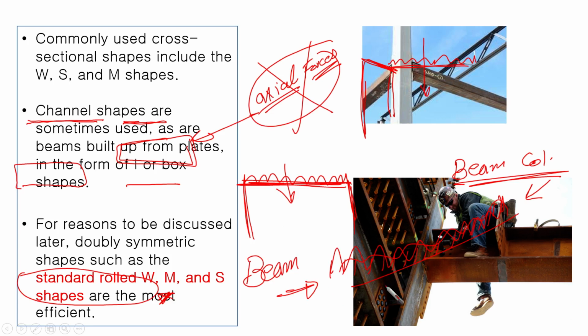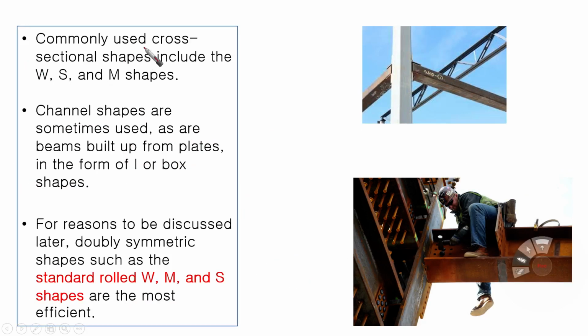The commonly used cross-sectional shapes for beams include wide flange, standard I-beam, and M shapes, which is miscellaneous. These are the commonly used cross sections for beams.